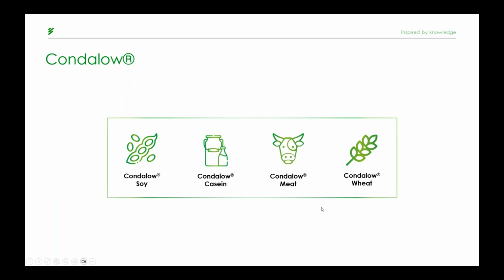Regarding the last webinar, here we can see the different sources of material for Condalow peptones. It can be from soy, from casein, from meat. Regarding our last webinar of this line, we have developed a new kind of Condalow peptone that will be Condalow wheat.